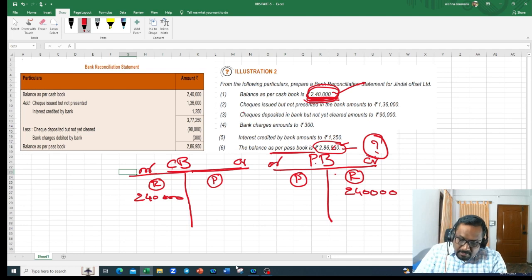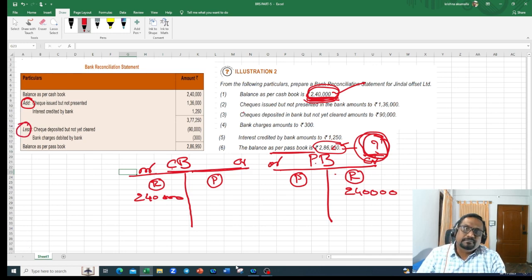Whenever this question mark balance is increased, not added, increased, you need to add. Whenever this question mark balance is reduced, you need to subtract.